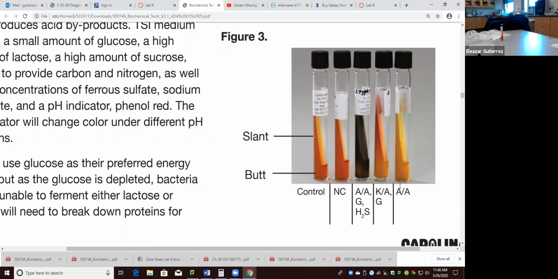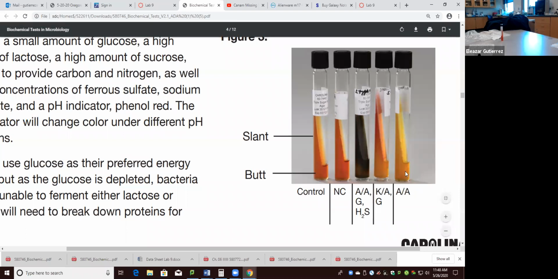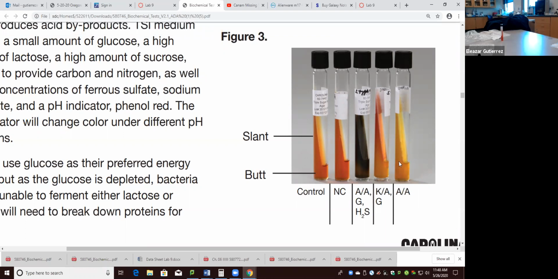So another thing that you might see is the ability of an organism to catabolize both sugars and proteins. If that's the case, the entire slant will turn yellow as the sugar is catabolized, and then it'll start turning red. This is called reversion as it finishes catabolizing the sugars and switches over to protein.